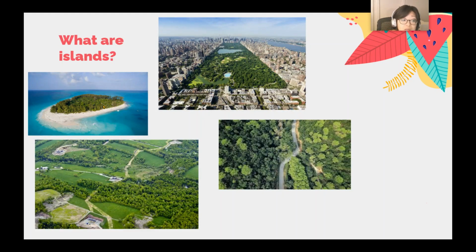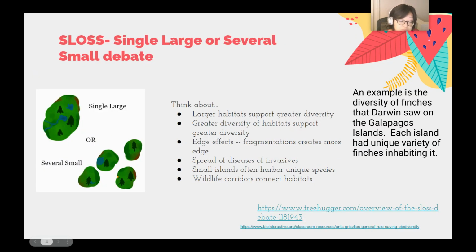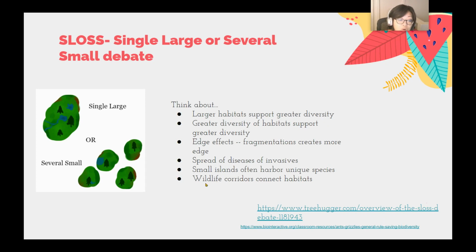Many small islands often have very unique species of birds and other animals that are only found on that island and nowhere else, because they evolved separately. Collectively, if you have a lot of those small islands, you could have a larger diversity than if this was all one big one. So there's no right or wrong answer about which one is better. It really depends on the situation.